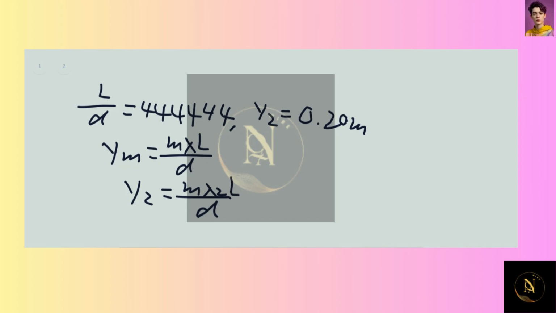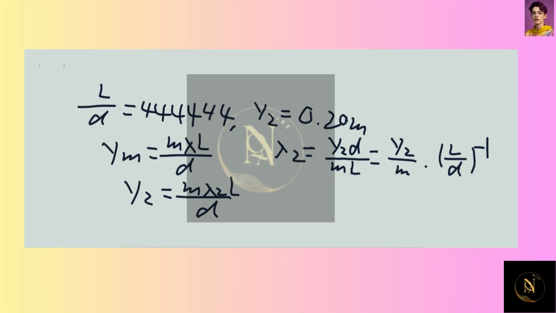Okay. So therefore, lambda 2 is equal to y2 times d divided by m L. And remember, we can always separate it since it's multiplication, and d over L is just the reciprocal of L over d.